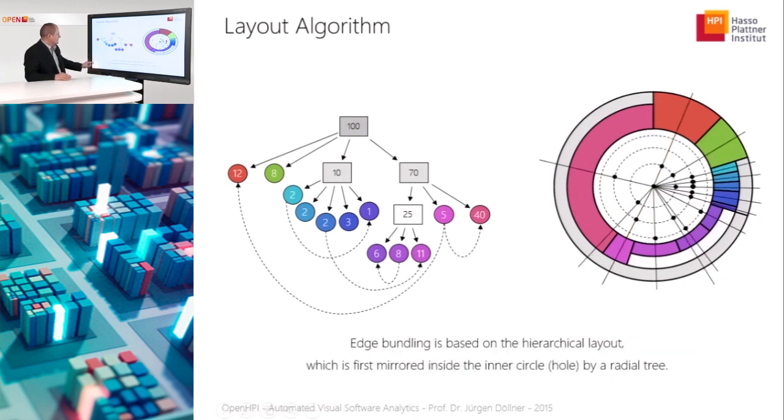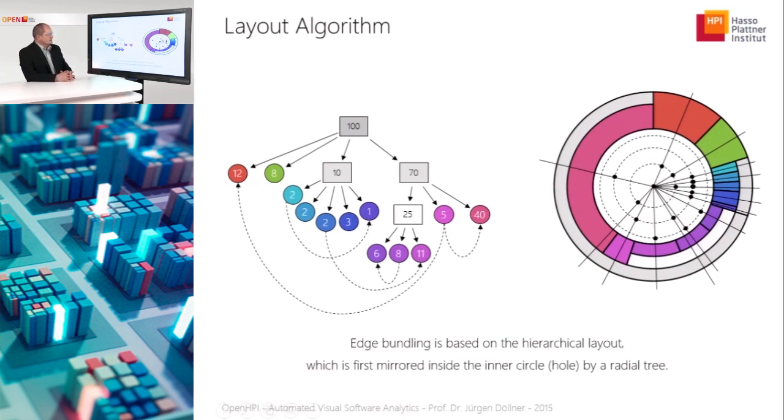It more or less mirrors the hierarchy into the hole. This is called a radial tree. So the root node is the center point of the ring, and each depth layer of the tree is one circle, and the children are placed according to the angle in the appropriate inner circle ring.